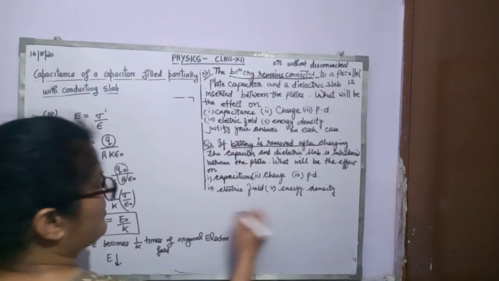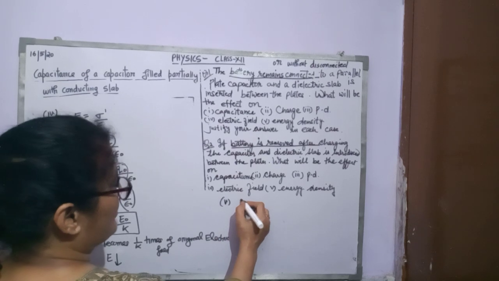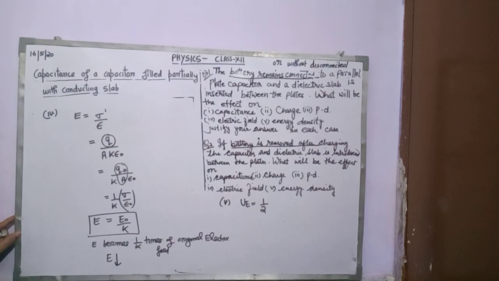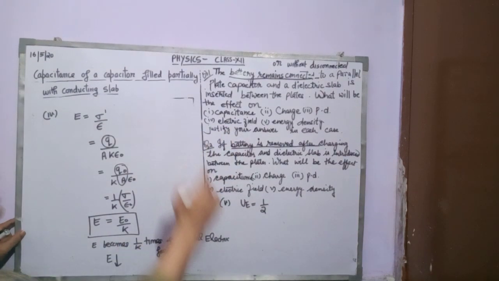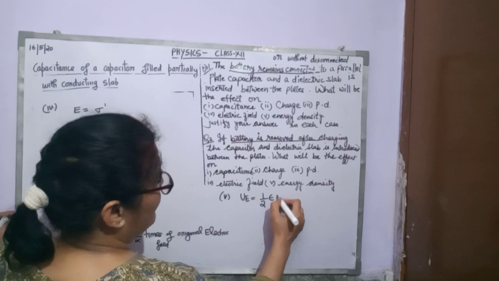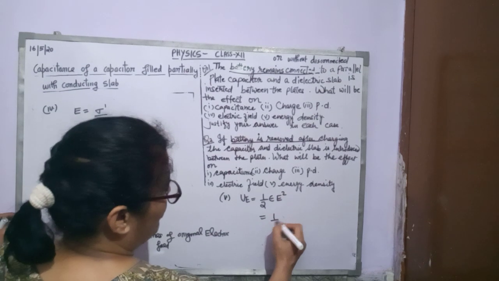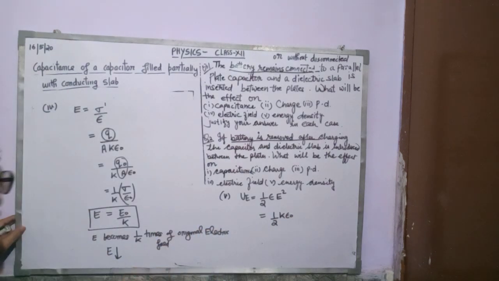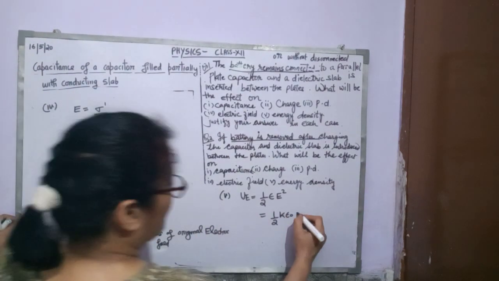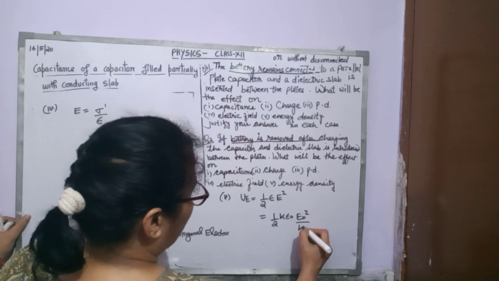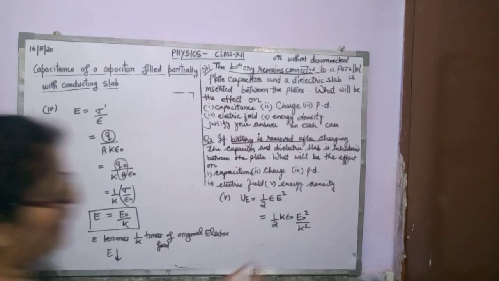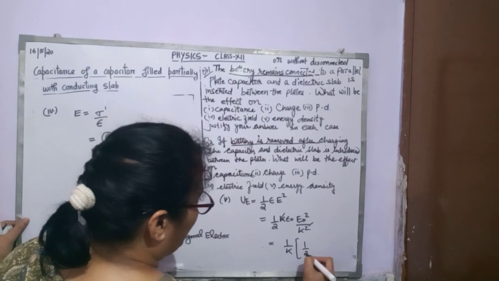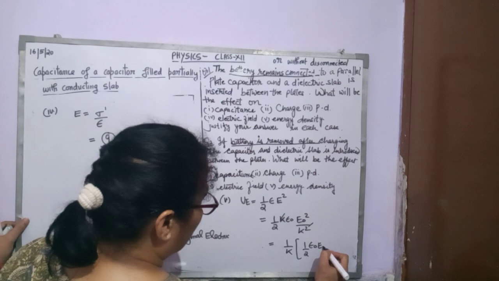Now the last one is energy density. Energy density, that is UE, and its formula is half epsilon naught E square in the case of free space. In the case of the dielectric, you can write here half epsilon E square. Now what is epsilon? You can write here K epsilon naught. And what is E? E's value is this one, that means E naught square divided by K square. Now K and K cancel out. We get here 1 upon K, half epsilon naught E naught square.